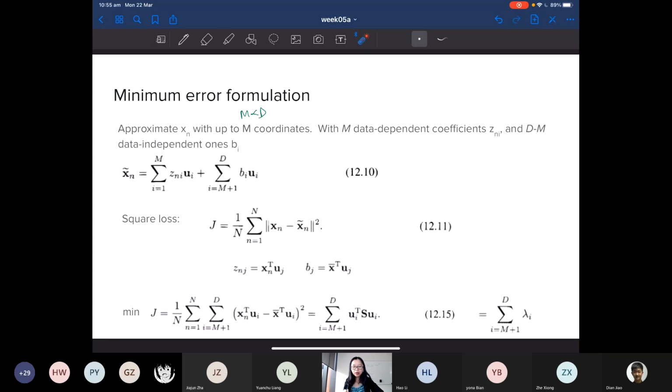Basically, the total distortion is this sum of u_i transpose S u_i over the discarded dimensions, from m plus 1 to d. And from the eigenvalue equations, we know that the sum of these is equal to the sum of the corresponding eigenvalues.